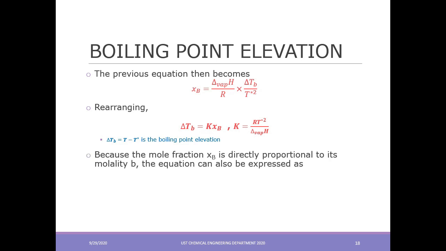Since the mole fraction XB is directly proportional to its molality B, the boiling point elevation equation can also be expressed in terms of molality as delta TB is equal to Kb times B. Kb is the empirical molal boiling point constant wherein its values for different substances are already known.